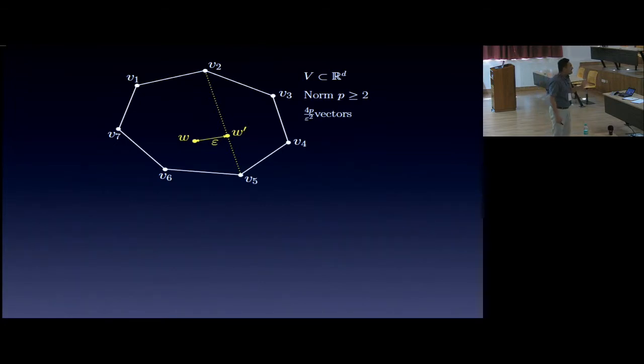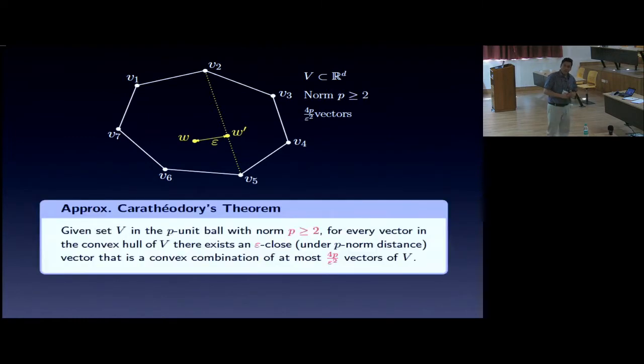As I said, there's some scaling going on, so let me bring up the formal theorem statement. I'm given a set of vectors v, and they lie on or inside the p unit ball. So I have some ambient dimension d, some norm of choice p, which is at least 2, and all these vectors have p norm at most 1. So they all lie on or inside the p unit ball.